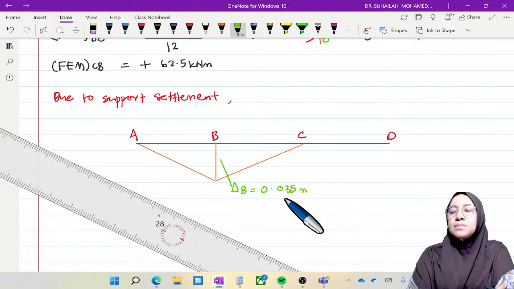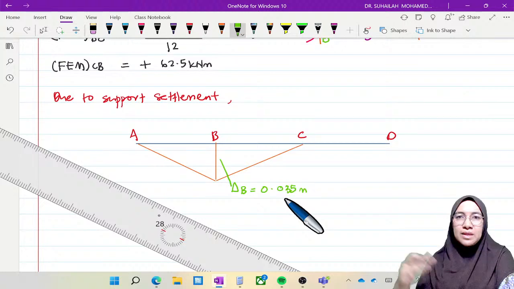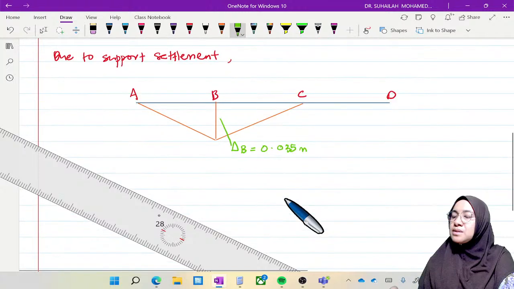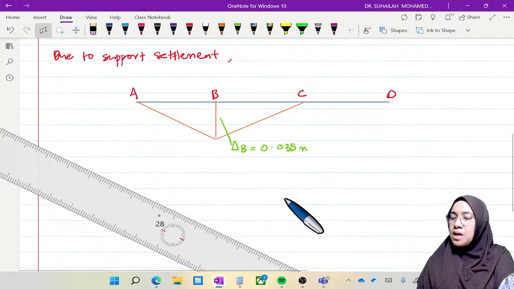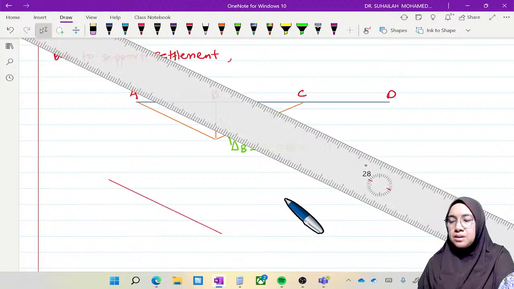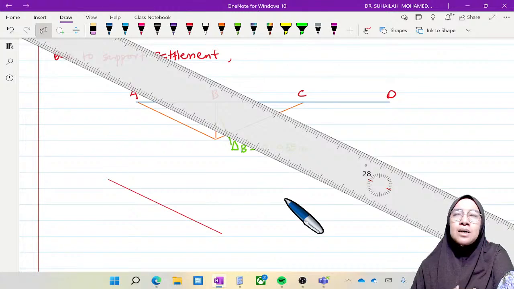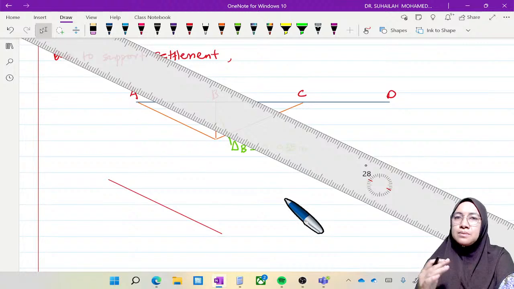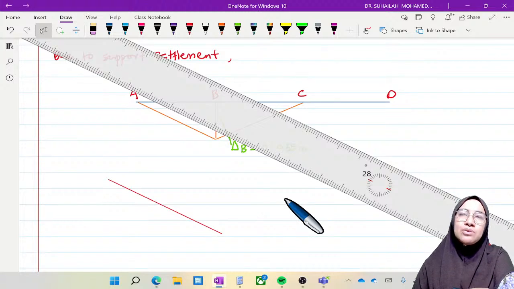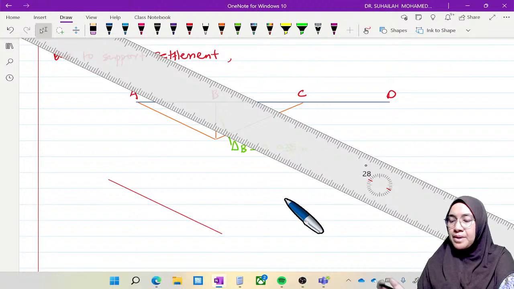So the beam after side sway, AB is this. We have to apply the concept that whenever the beam settles, we have to look at the new position, which is an inclined member right now, as shown here.